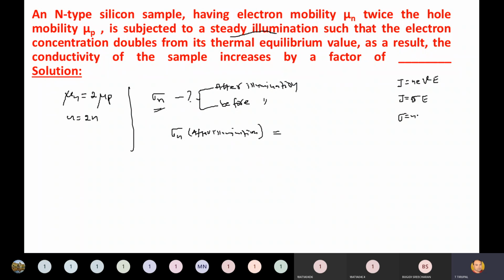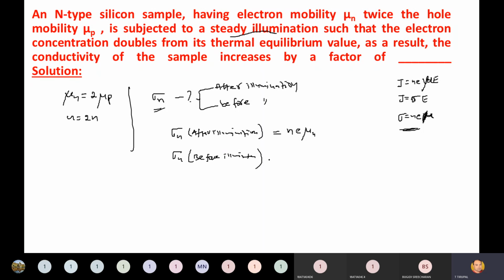Sigma is equal to n e, where v is equal to mu E. So sigma is equal to n e mu. This is the formula. So after illumination, I can write this as n e mu n. Before illumination, what is it?